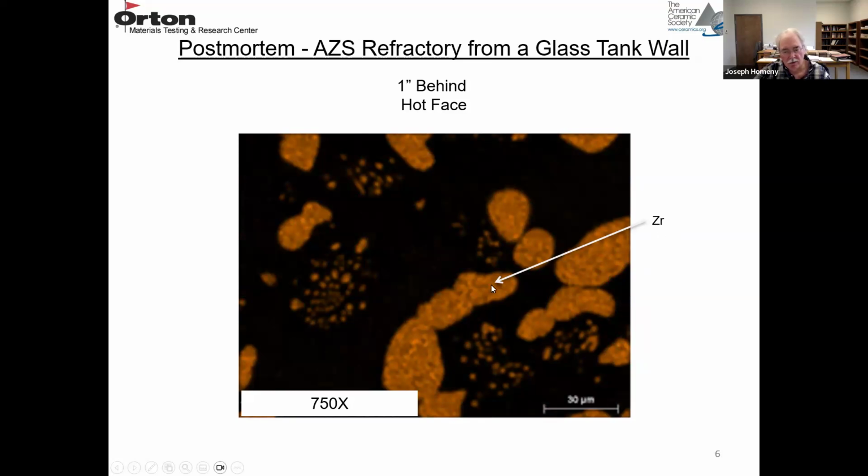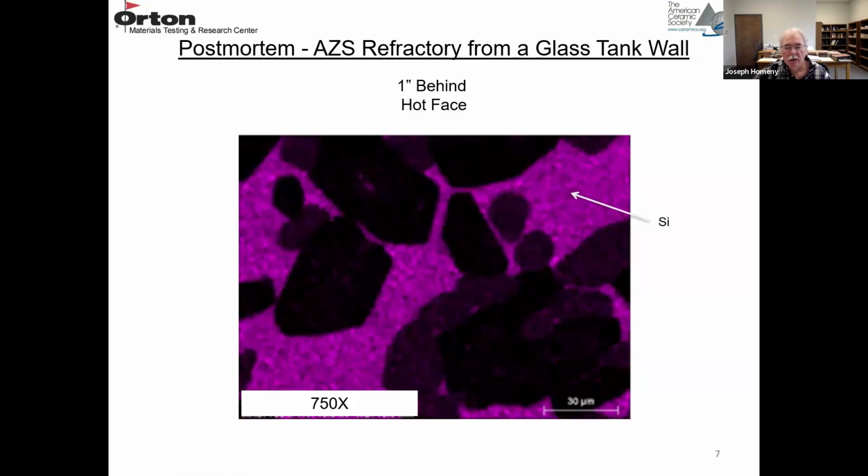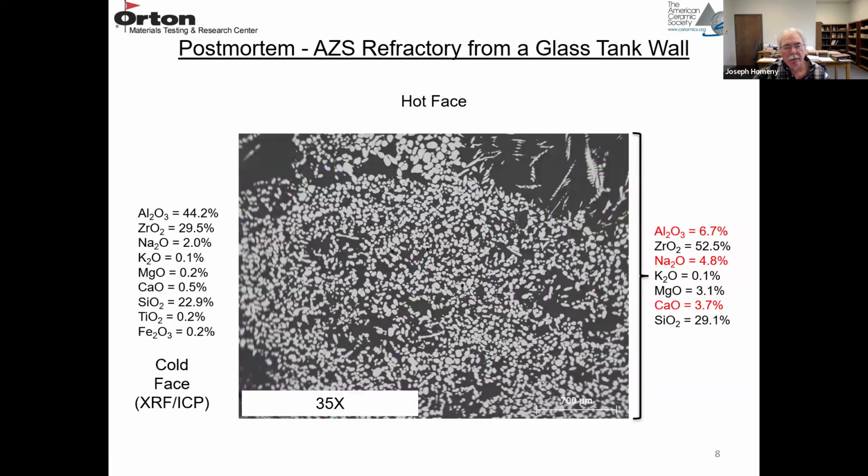So you can see the larger crystals and then the precipitates in the alumina. And then the purple is silicon, Si. So that's the glassy matrix between the alumina crystals. Here was an alumina crystal, and these are the zirconia crystals. So that's the matrix. The matrix contains the calcium and the sodium also.